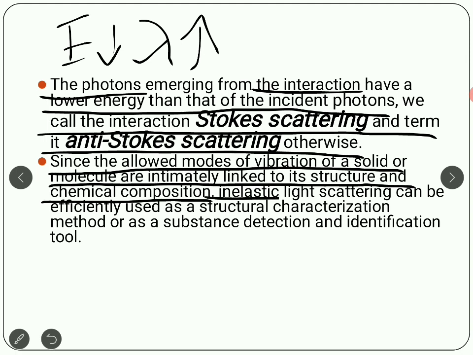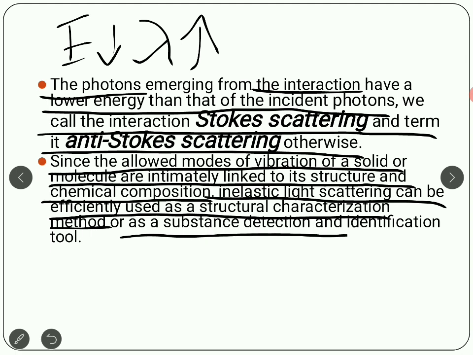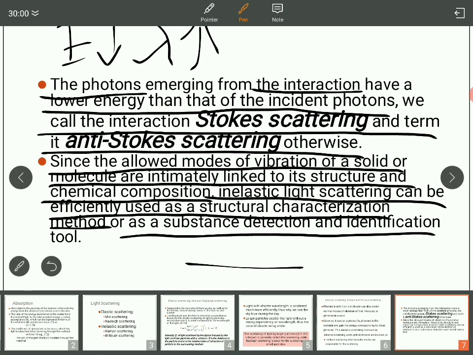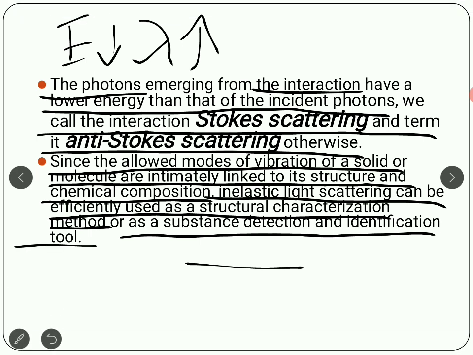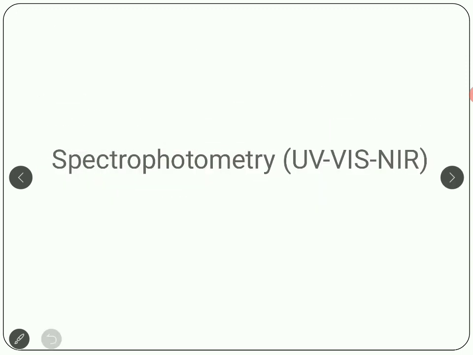So this inelastic light scattering can be efficiently used as a structural characterization method and as a substance detection and identification tool, and that is why Raman studies are done. Okay. So Raman studies can be conducted, and we can look into the Stokes scattering and the anti-Stokes scattering and comment on the structure and the chemical composition of the material.